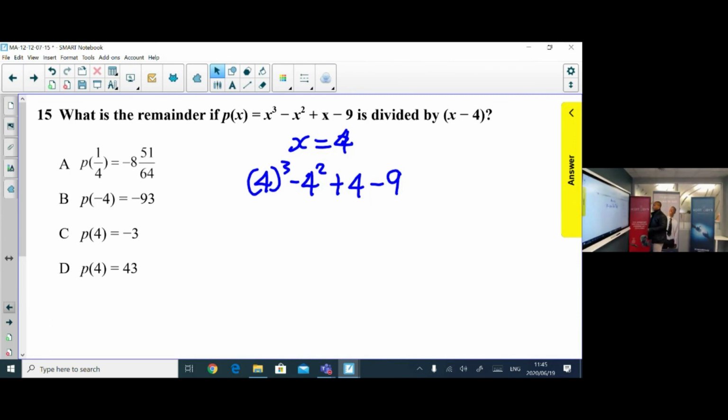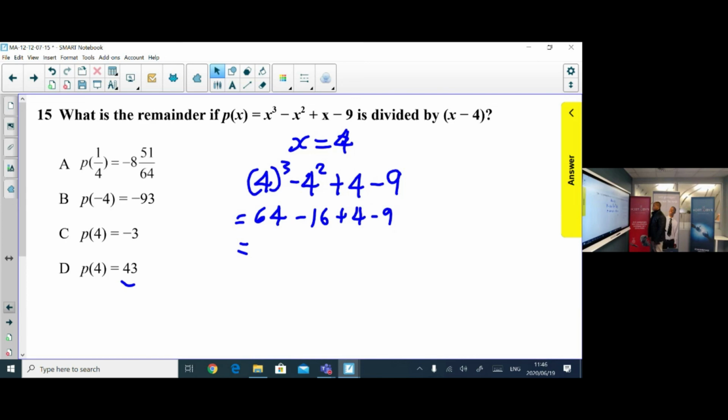So check what you can get from this. I think this would be like 64 minus 16 plus 4 minus 9. So you end up with something that is around this.